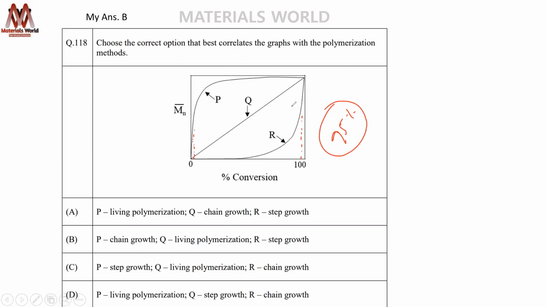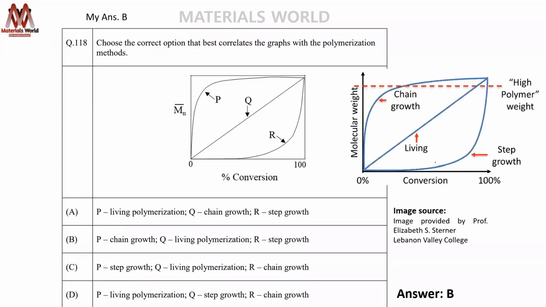You need very high conversion. That's why this is step growth. And for living polymerization, your molecular weight is directly proportional to conversion. It is linear. So the answer is P. And this is how you can use this source also, or you can go to Robert Ovele.